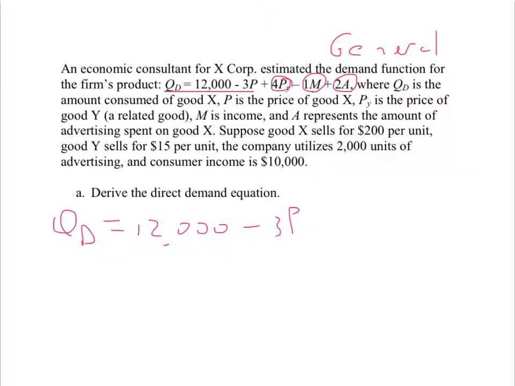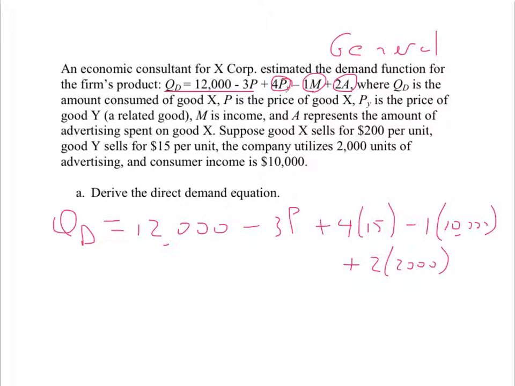So we keep the minus 3p, again p is the price of good X, but then we want to plug in the price of good Y, which is $15. We want to plug in the consumer income, and we want to plug in the amount of advertising, which is 2,000 units.